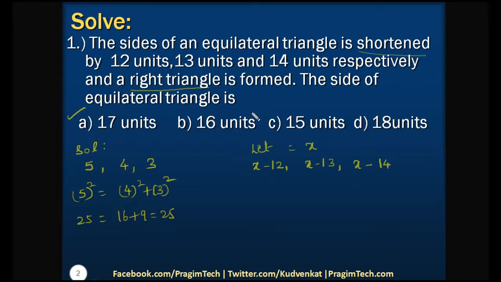According to the question, it is a right triangle now, right? Then x minus 12 square will be equal to x minus 13 square plus x minus 14 square. On further simplification, we'll get the x value, which is nothing but the side of the equilateral triangle, right?